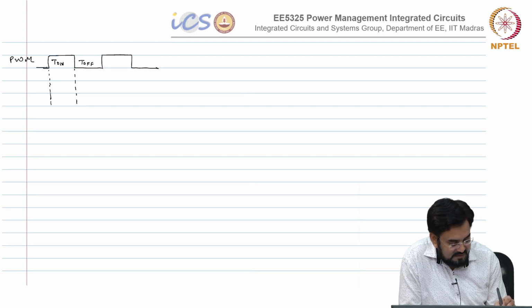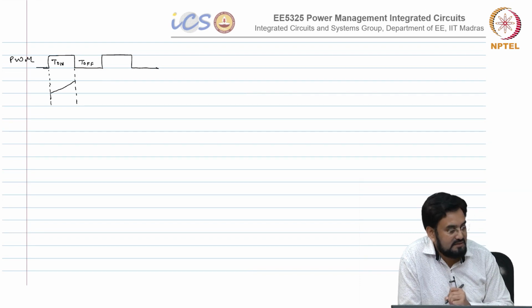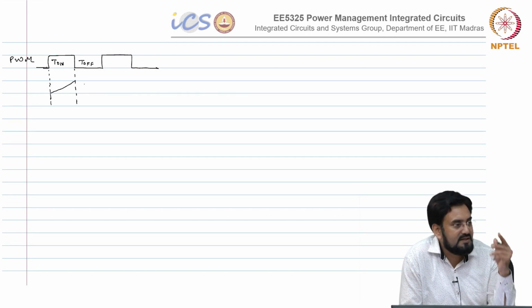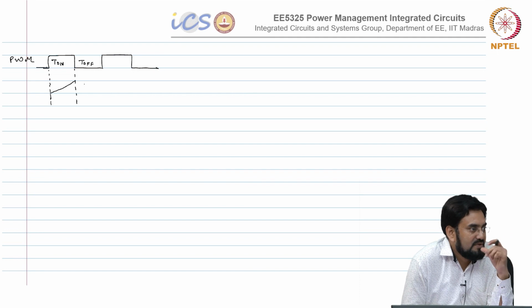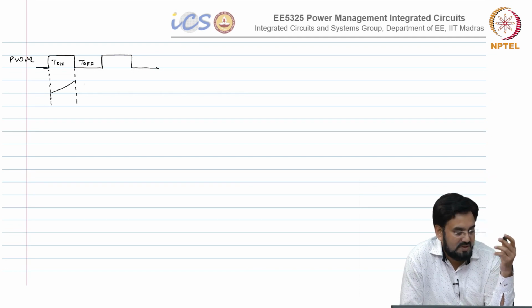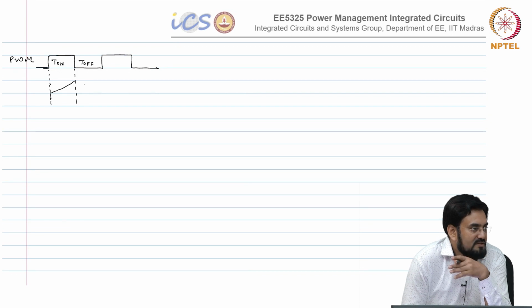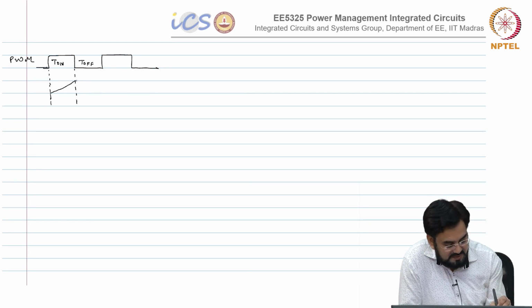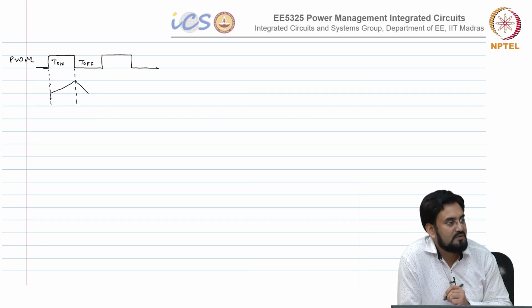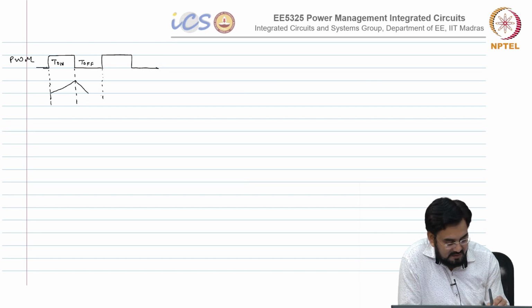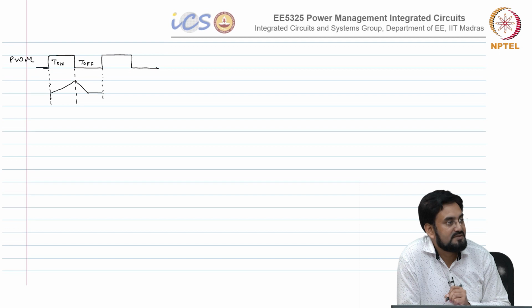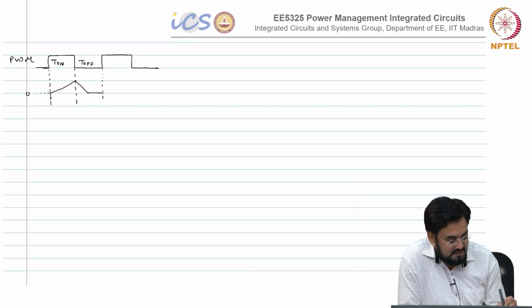Let us say my inductor current is rising, and I know that if I am operating in the DCM, the current has to go to 0 before you hit the next clock cycle. So, which means before your T off gets over, current should reach to 0 and it will remain flat here 0. So, this is your 0 amp point. Then again it will rise and do the same thing.